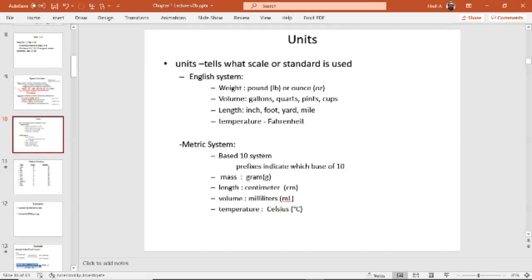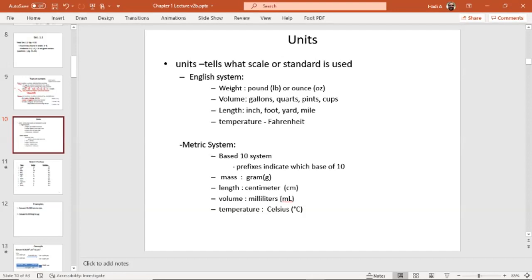Now the other type of system is the metric system, and this is based on powers of 10. As we'll see on the next slide, different powers of 10 are indicated by different prefixes. So if you know the prefix, you can correlate that to the power of 10. For example, when we talk about millimeters, we know that's 10 to the negative 3.